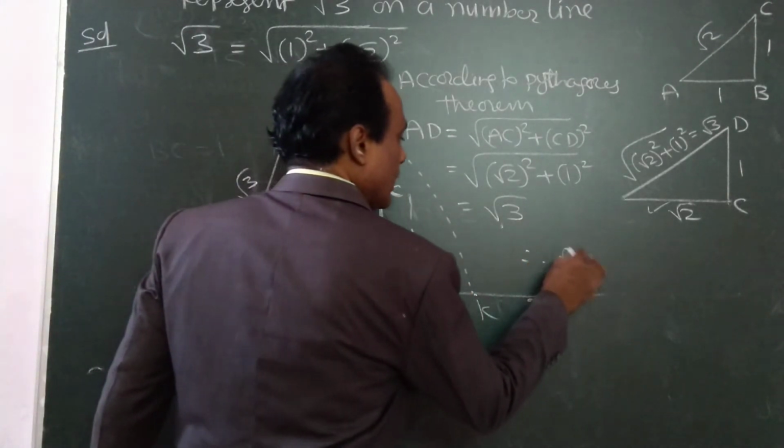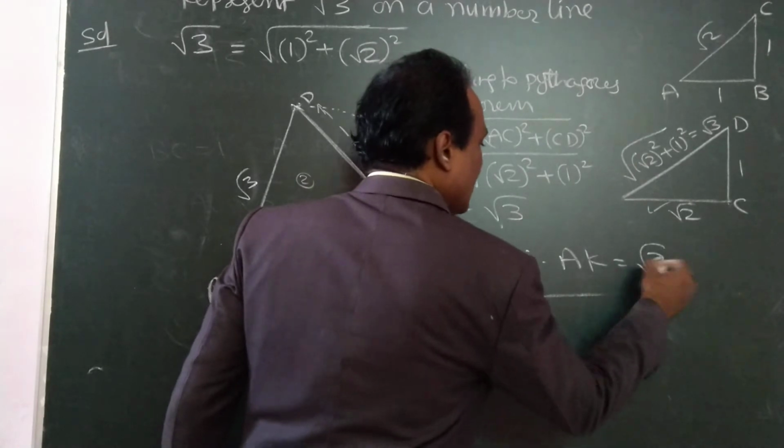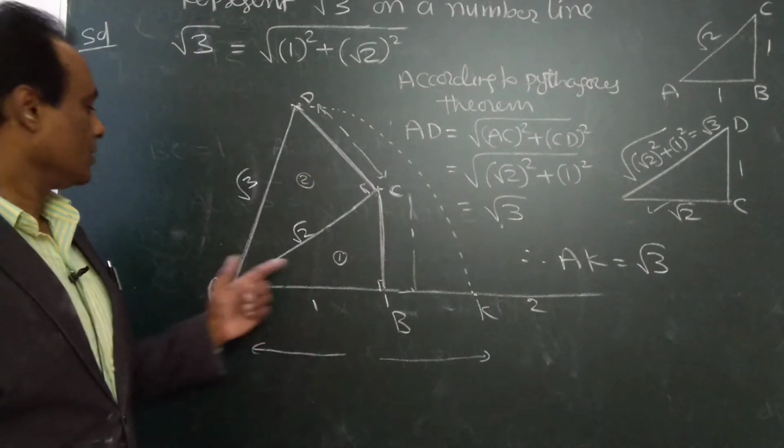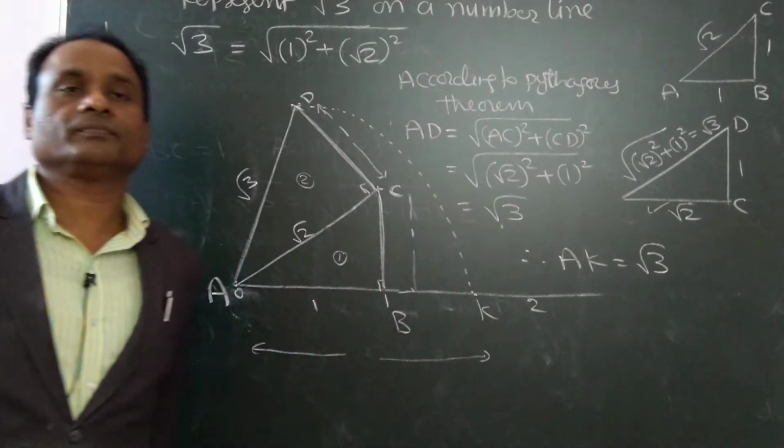So therefore AK is equal to root 3 is represented on the number line.